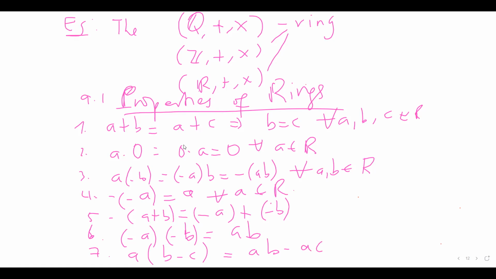And then 8, here is that negative 1 times A is nothing but minus A. And this we call the multiplicative identity.